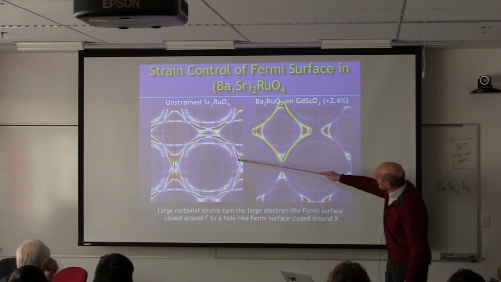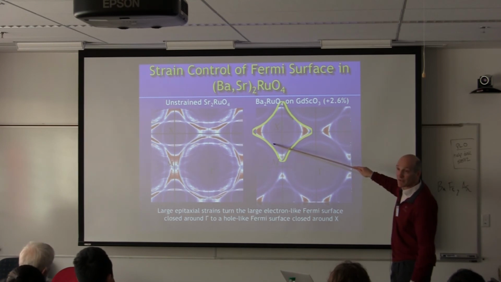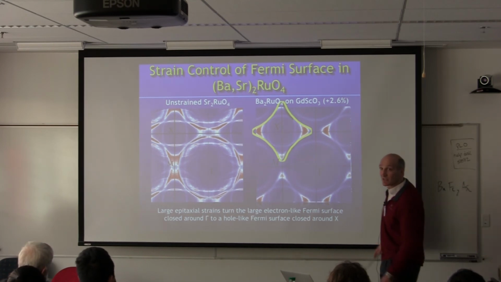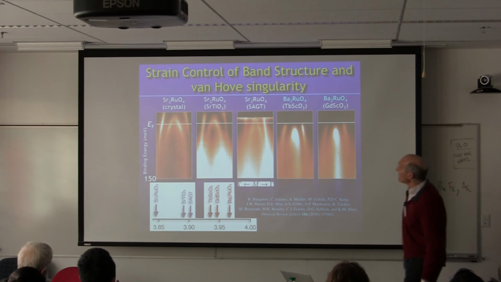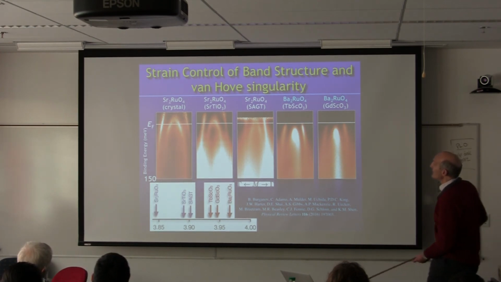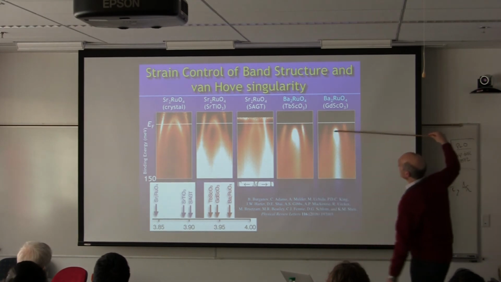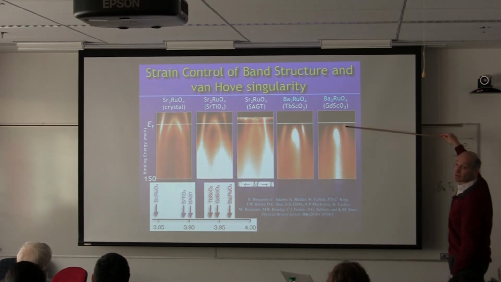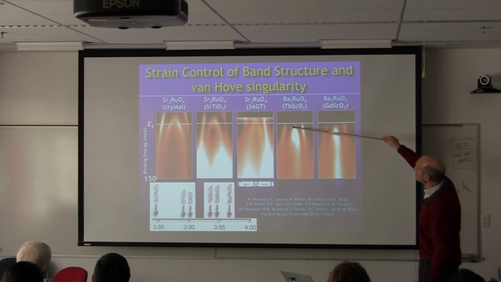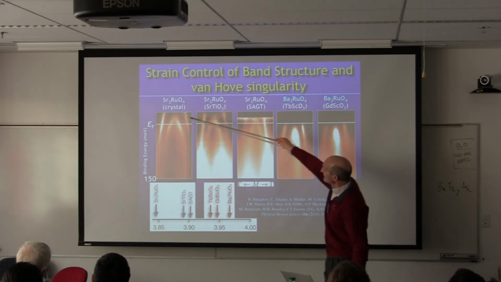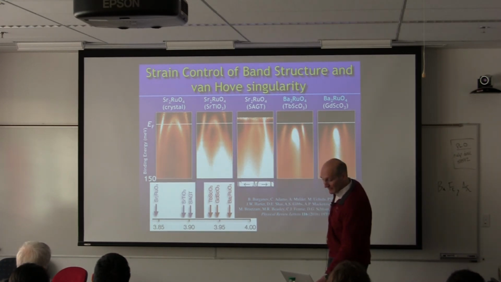What was an electron pocket here has indeed become a hole pocket. So we've gone through that Lifshitz transition. So we're tweaking a phase. Here, these are energy cuts from ARPES, and you can see this band crossing the Fermi level as we go through strain. So this band that you see here, as we march along in strain, you can see how you can tweak that phase.